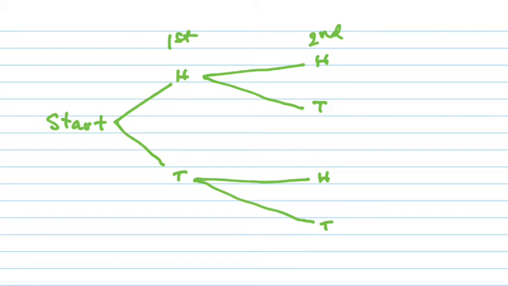Now, another thing that you need to remember about these is that you're going to have a probability on each branch. Now, don't put P. I'm just doing that for effect. You're going to have an actual number. Remember that probability can be done in 3 different ways. You can have probability as a fraction, as a decimal, or as a what? Percentage. Good.